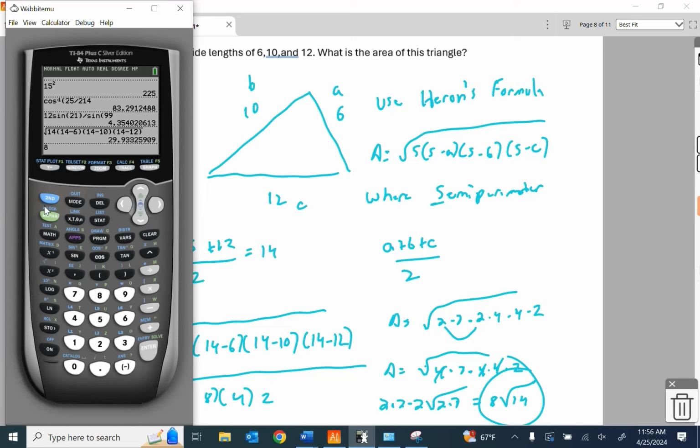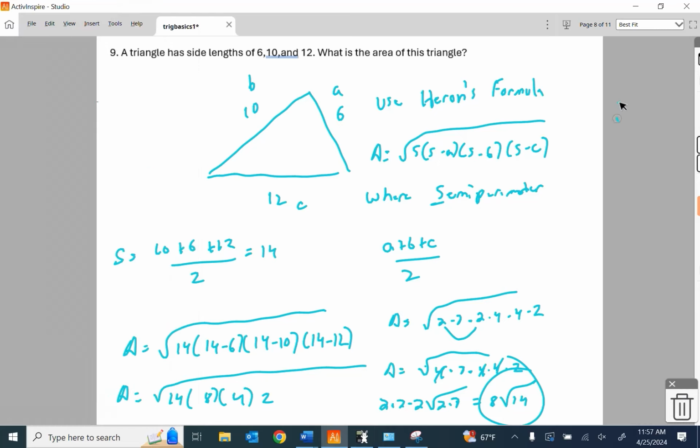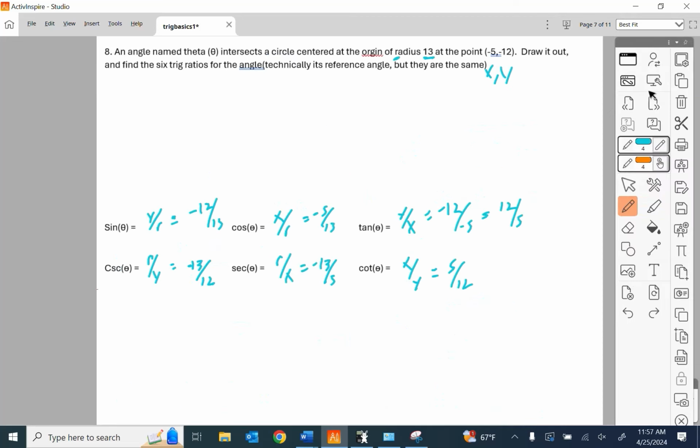And I'm saying, unless I screwed up, who Lord knows I do, that that's the same as 8 root 14. And they are. One of those is beautiful, one of them is not. One of them is math, one of them is pushing buttons.